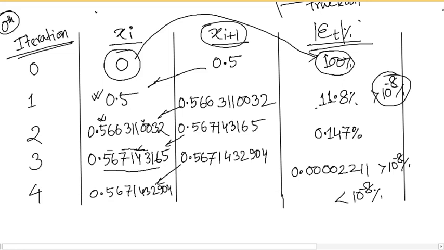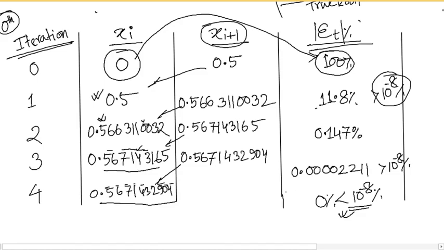How can I say that? Just because 1, 2, 3, 4, 5, 6, 7, 8, 9, 10, ten digits are equal. So that's why you can say it will obviously be less than 10 to the power minus 8%, or at least your calculator cannot go beyond that. So you can say it is 0% in your case.